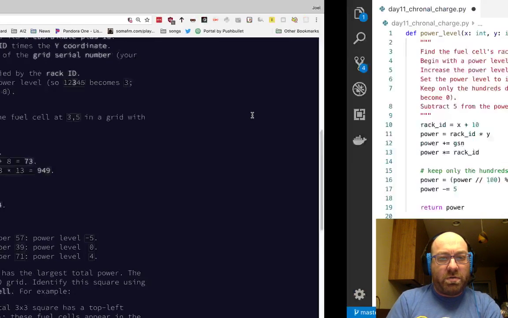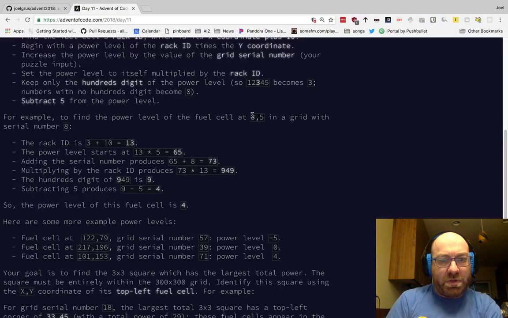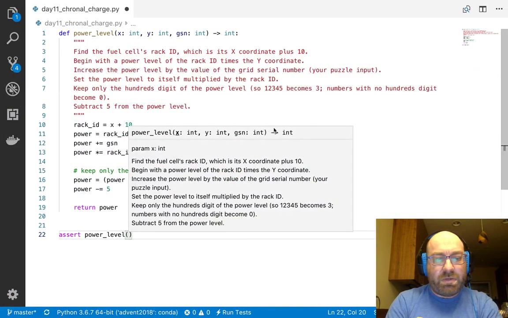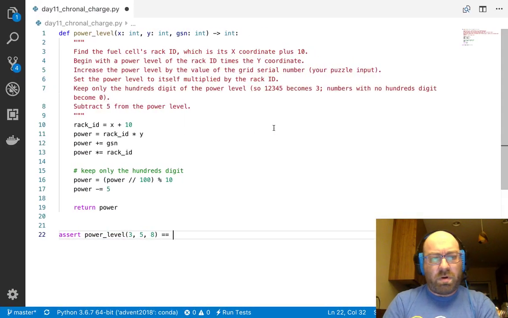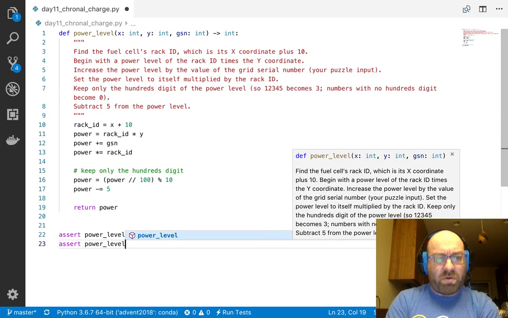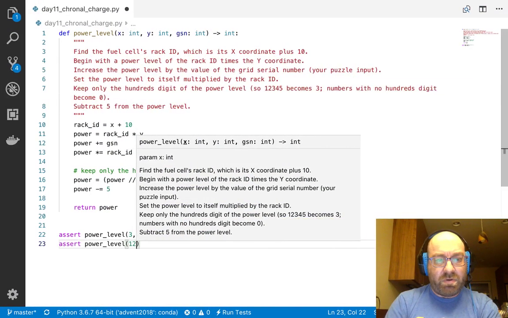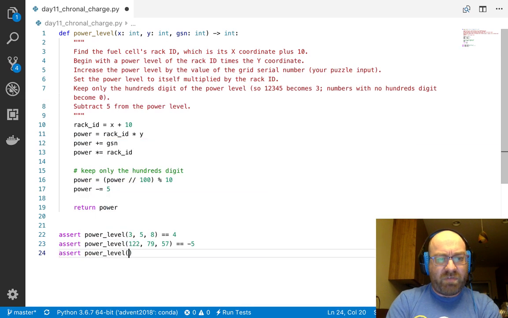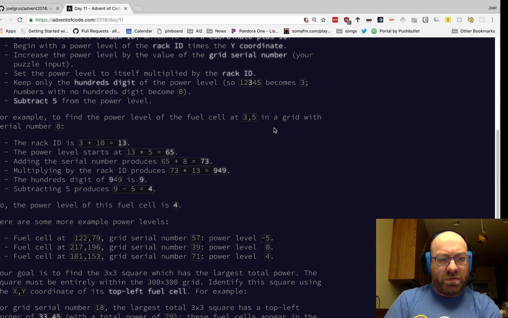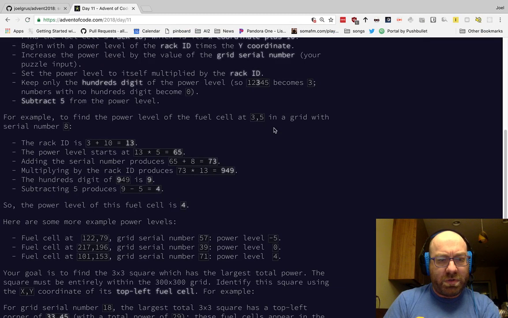let's write some asserts. Assert power level, and what did they say? At 3,5, 8, that equals 4. Assert power level of 122,79, 57, that equals minus 5. Assert power level of 217,196, 39 is 0.